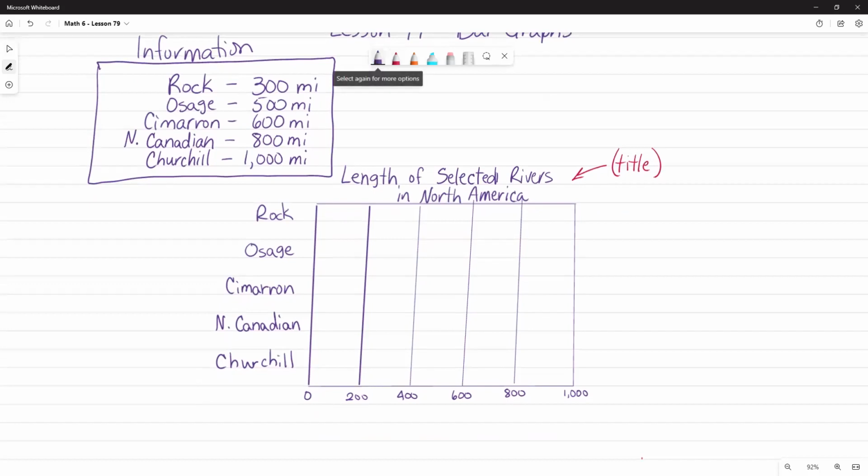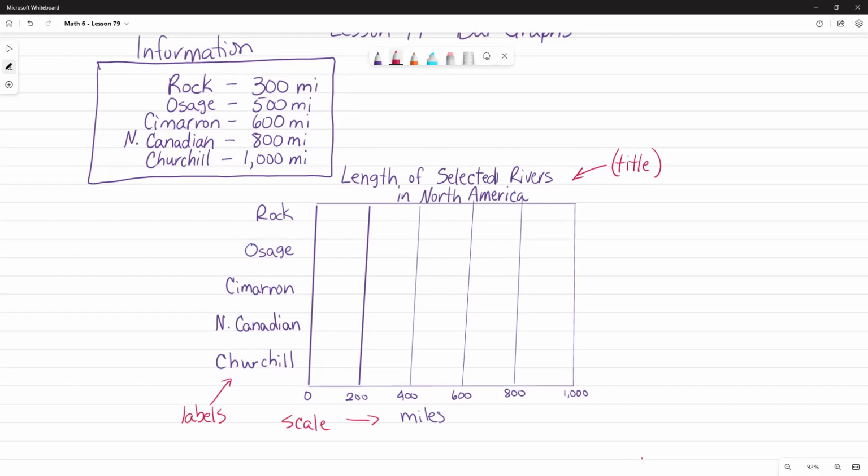This is miles. So these are a certain number of miles, talking about the length of the river, so it's a certain number of miles long. So this is the scale, because we're measuring it in miles. And then these here are the labels. So we have to label each river that the data is representing.